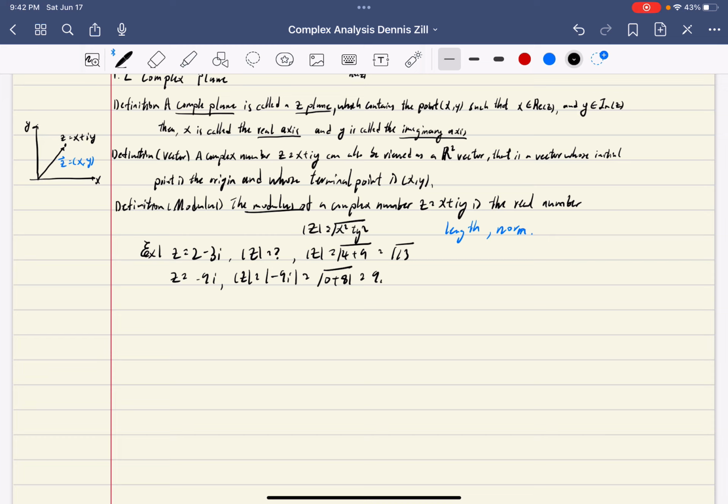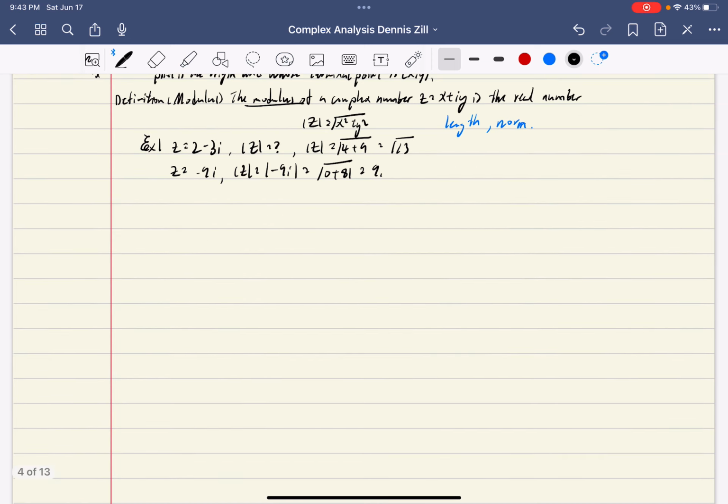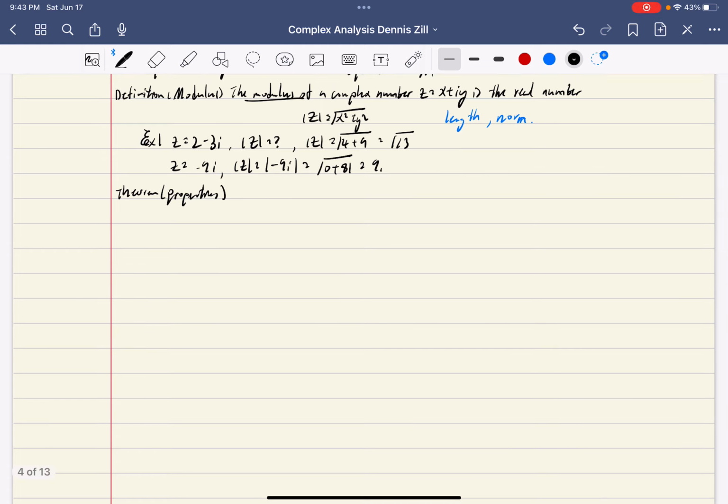And now let's get into some properties, right? So we have some properties over here. Theorem. Properties of modulus, right? Well, first we have, I don't like the format in the textbook, so I will rearrange it. So you have 1.